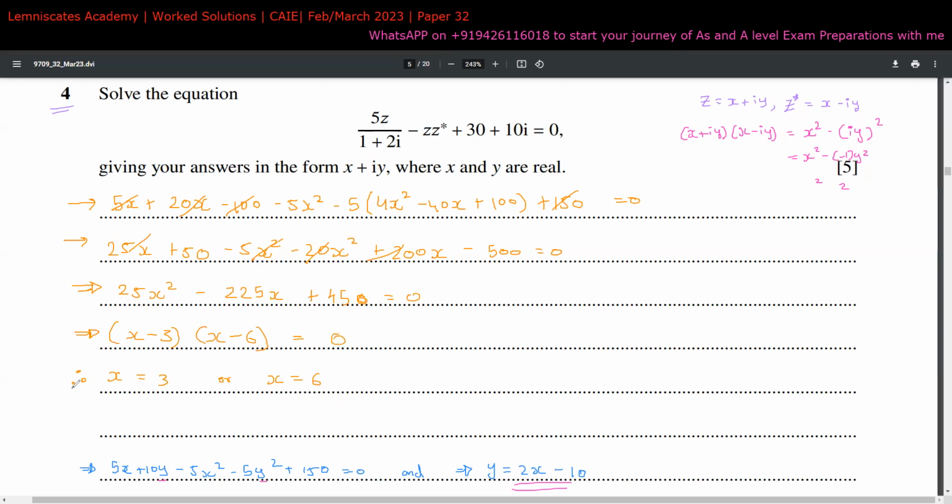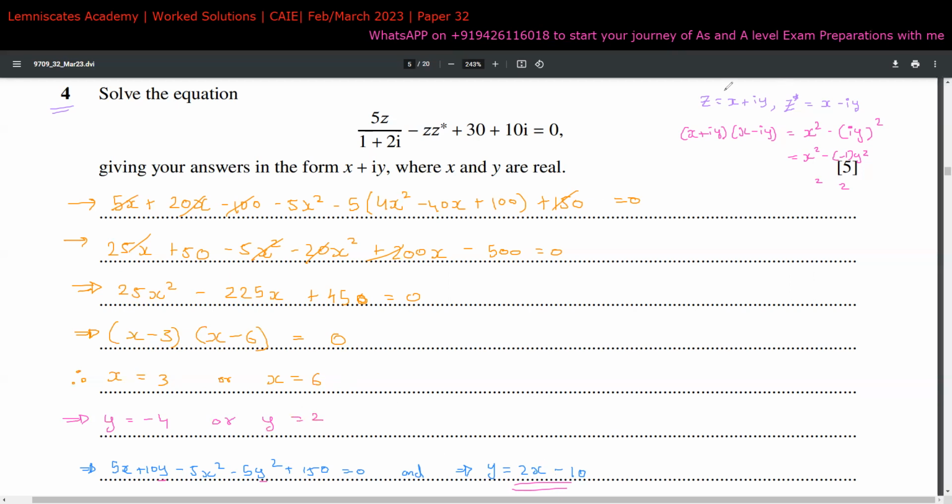Now to get the respective values of y, what I can do is use this equation, place in x. So this implies my y when x is equal to 3 is 2 times 3 is 6, 6 minus 10 is minus 4, or my y when x is 6 is 2 times 6 is 12, 12 minus 10 is 2.